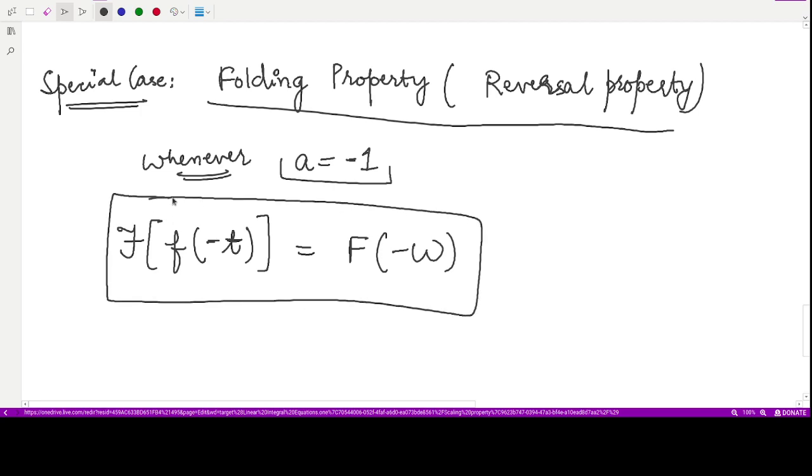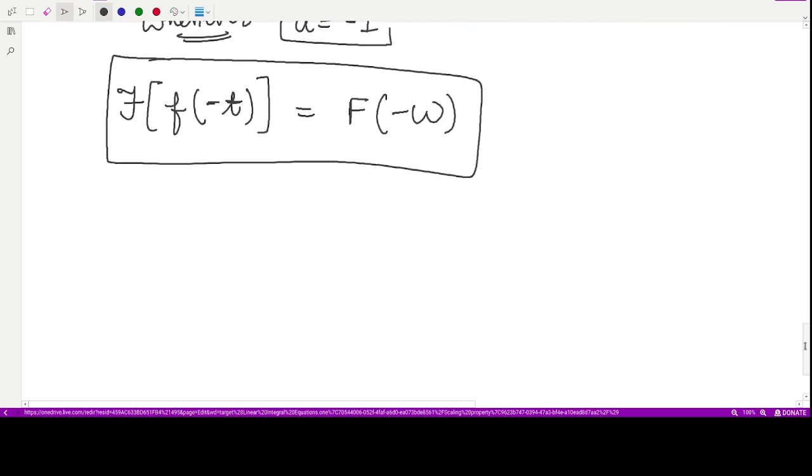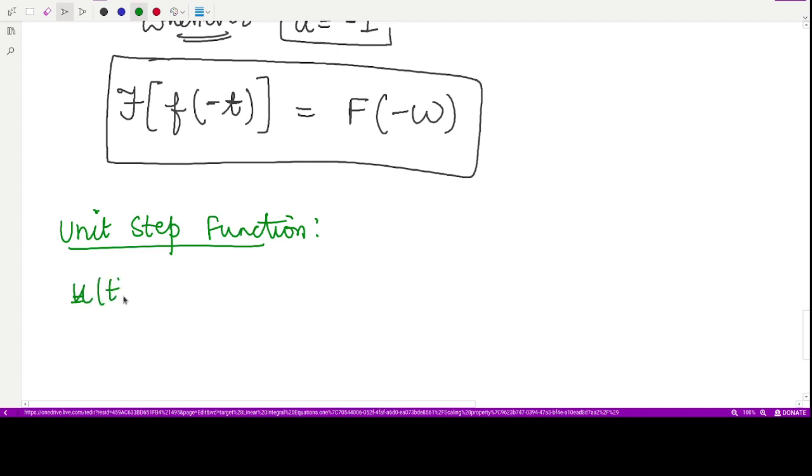So this is the property that we have. For an example of this reversal property, I can give you one example here. Suppose we have the unit step function. It is the function which is usually defined by u of t, right?